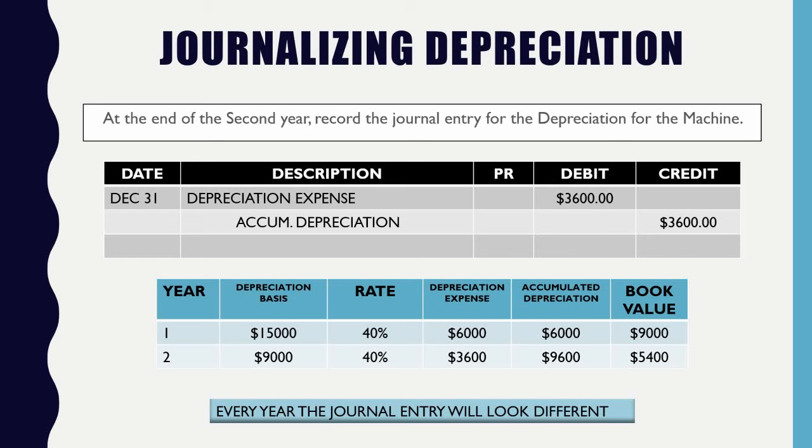And that's the journal entry for you. So every year the depreciation entry will look different. The expense number is always going to be different. So any questions on how to journalize it? This is pretty much the straightforward one. You just have to remember what accounts you need to use.